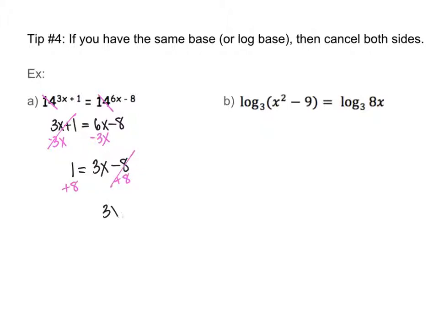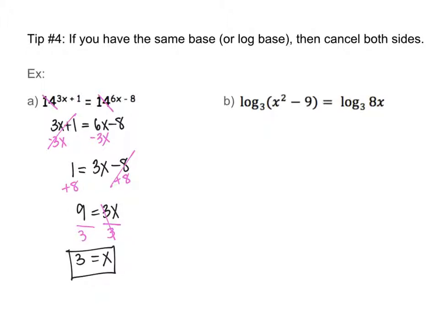So I have a 3x left on this side. 1 plus 8 is 9. If I get this x by itself, I have to divide by 3. That cancels. So x is equal to 9 divided by 3, which is 3. And so x is by itself. And this is an exponential, so I don't have to check my answer. Woo!